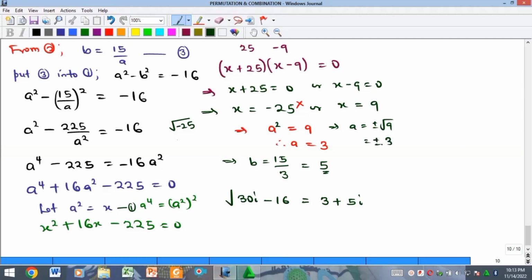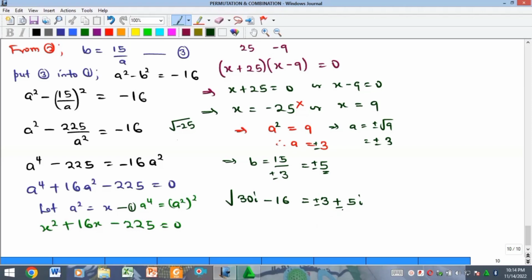So our a is plus or minus 3, and our b is plus or minus 5. When our a is plus 3, b will be plus 5. When our a is minus 3, our b will be minus 5. And that is also applicable here. So you have plus or minus 5, and here minus 3, and here you have plus or minus 5 also.